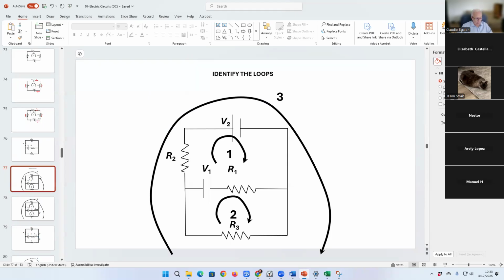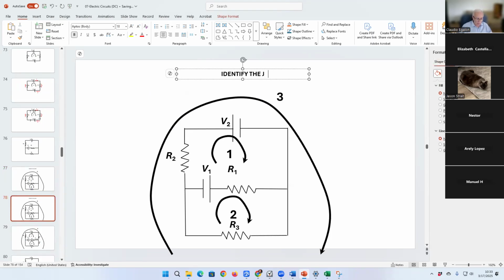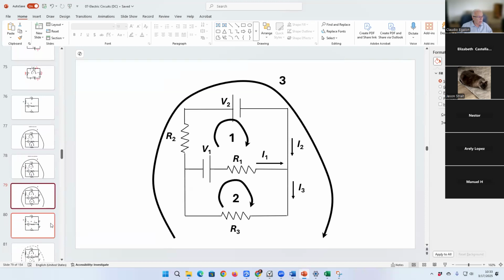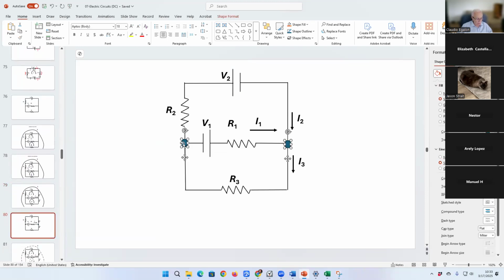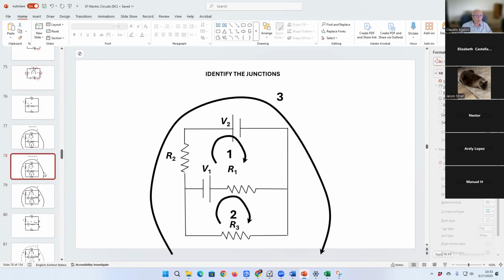Okay, and next, identify the junctions. I already identified the junctions for you, right? So let's start with the identification of the junctions and loops, and then we worry about the rest. I'll call that junction 1, J1. J for junction, right? And junction 2.